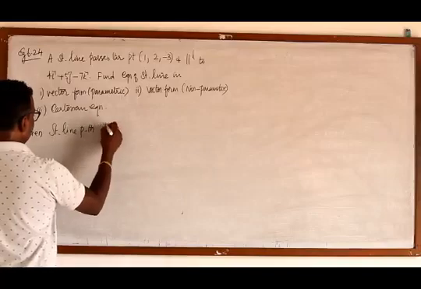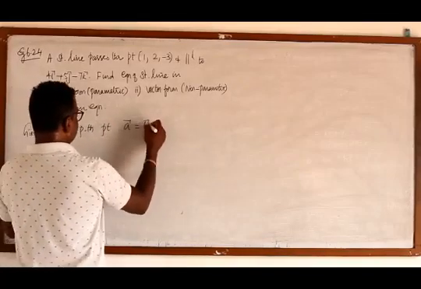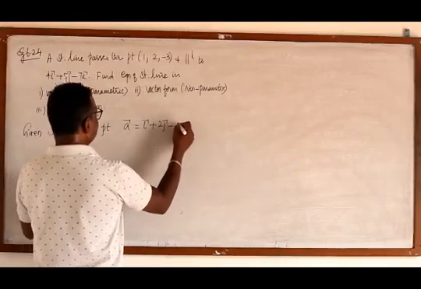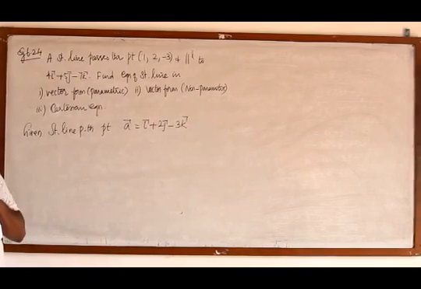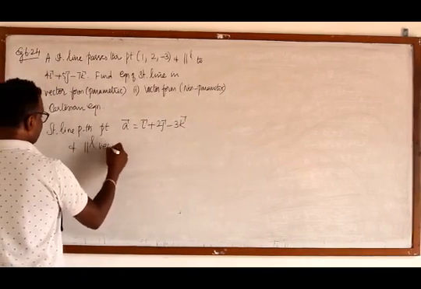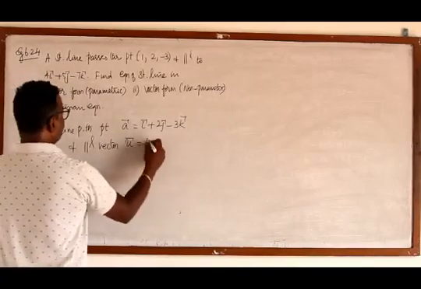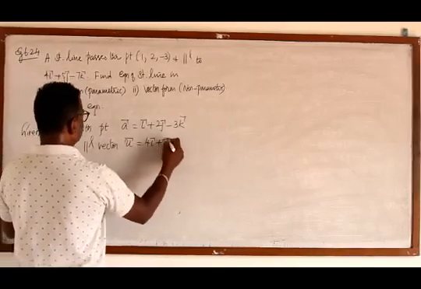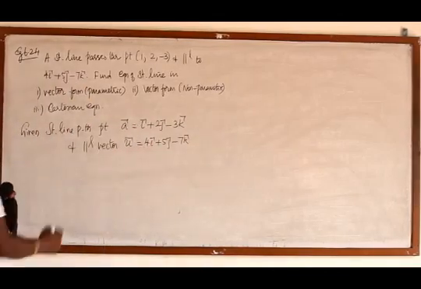Given, the straight line passes through a point. Points we always write in terms of A, B, C; we always refer to points as vector A, vector B, and vector C, and the parallel vector as vector U equal to 4i + 5j - 7k. So one point and one vector are given.